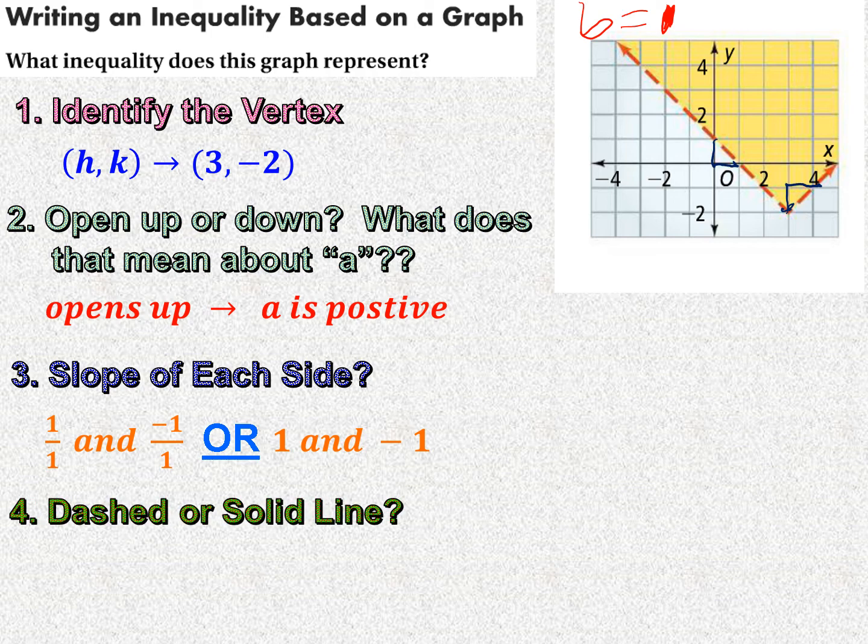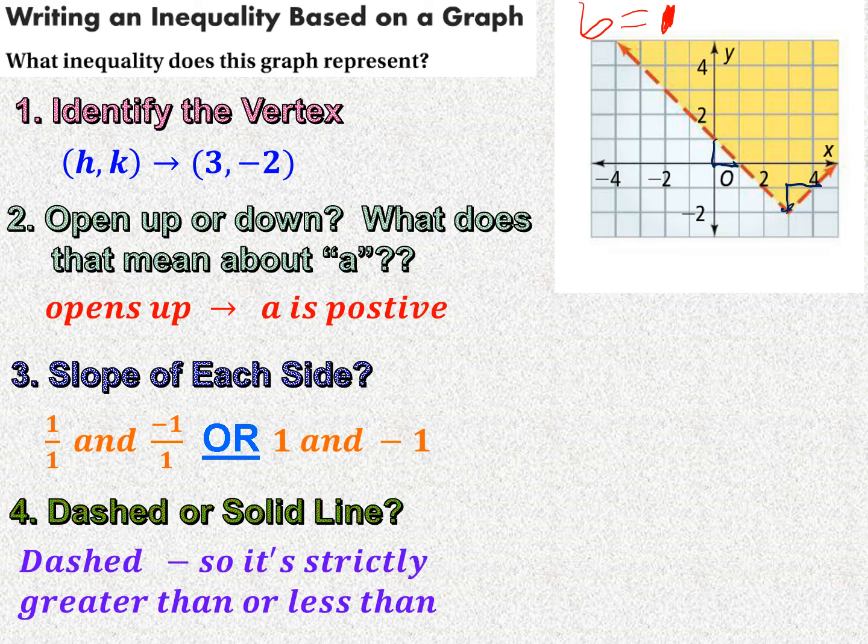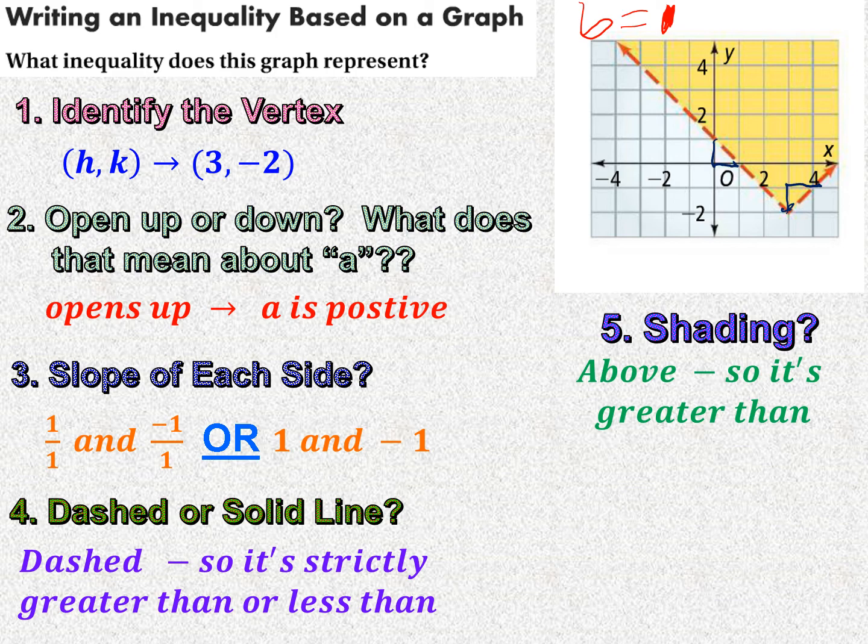Now let's look at, is it a dashed or solid line? Well, it's dashed. So that means it's going to be strictly greater than or strictly less than. The next thing we determine is the shading. Does it shade above or below? This is shaded above. So that narrows it down and tells me that it's greater than. Now we compile all of this information. I know that it's going to be y is greater than. We're going to use the positive 1 for the slope because a is positive.